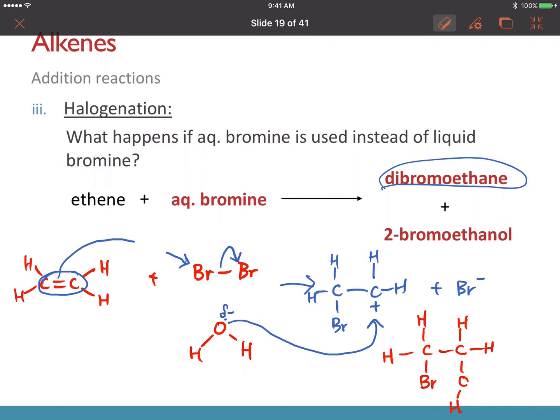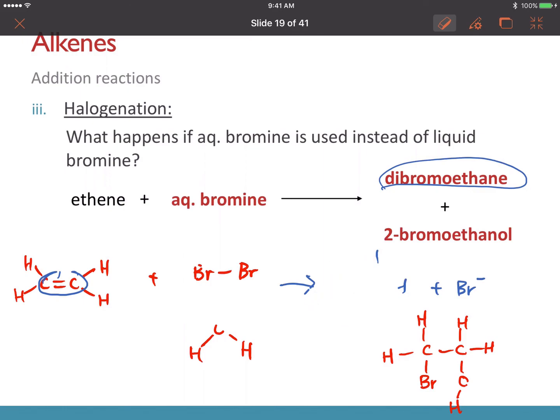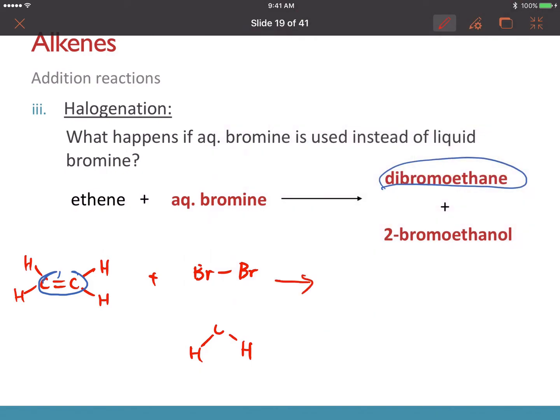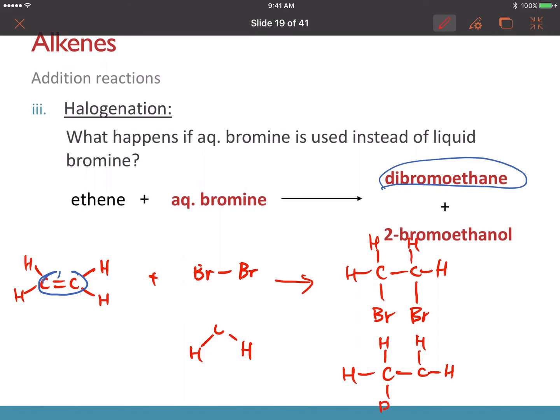What you do need to know, however, is that it is possible for you to get two products from this reaction, which is, it is possible for the addition across the double bond to be both bromine, or it could be one bromine and one alcohol group.